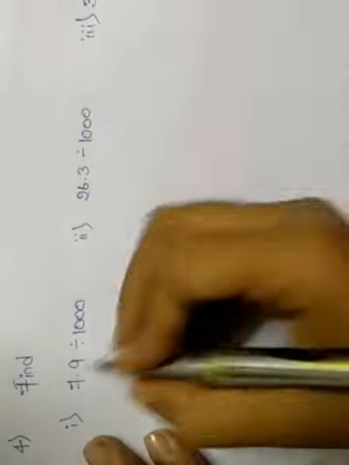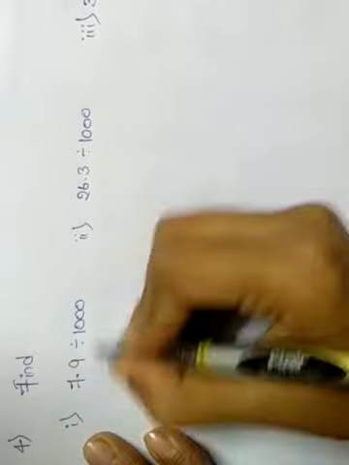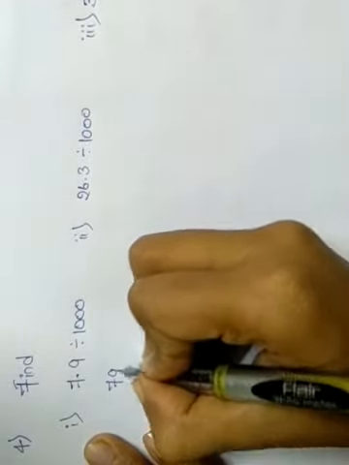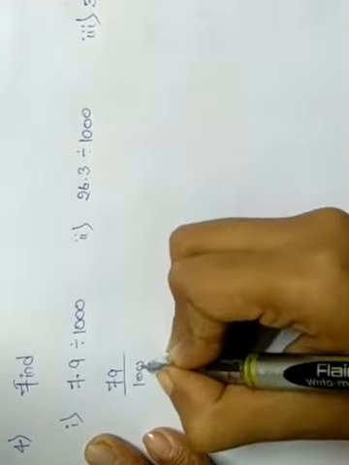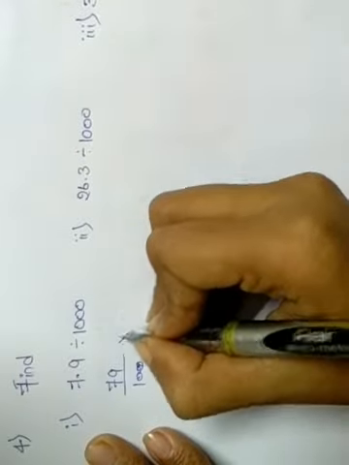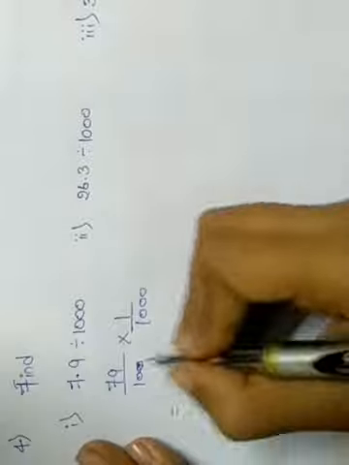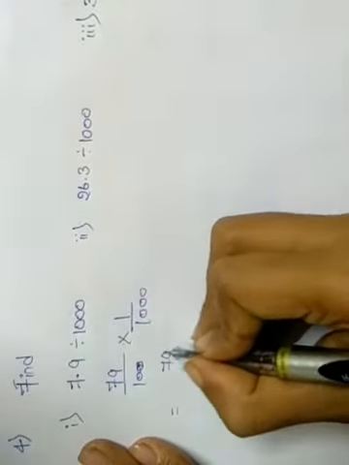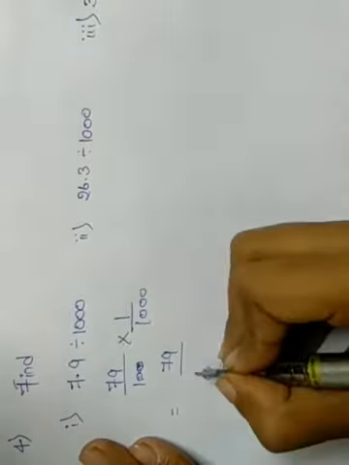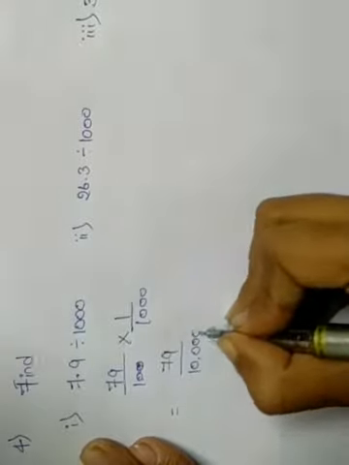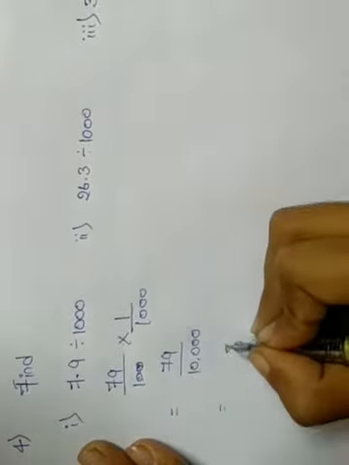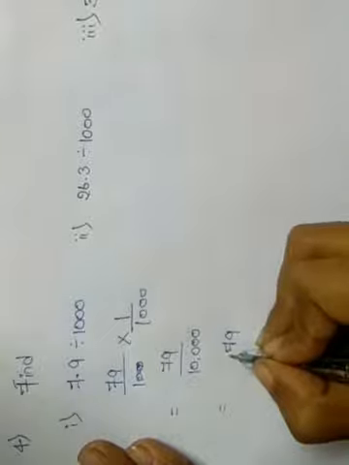Fourth main, find. We have to divide the decimal number by the 1000 here. Ignore the decimal point, write it and change the sign, reciprocal 1000. Right? 79 ones are 79. Here 10 into 1000 means that is 10,000. We need to give the decimal point after 4 digit.